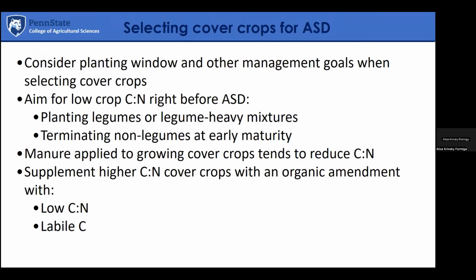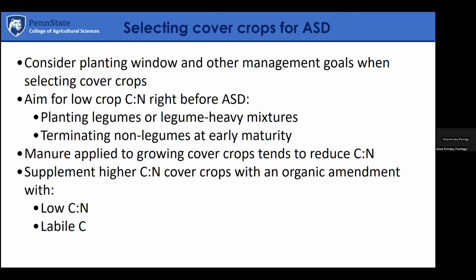If you are considering selecting cover crops as a carbon source for ASD, there are some things to consider. Again, as Francesco mentioned earlier, it's really important to consider your overall management goals and the planting window that is available for planting the cover crops. But aim for cover crops having a low carbon to nitrogen ratio right before the ASD treatment to increase that effectiveness and contribution to soil fertility.